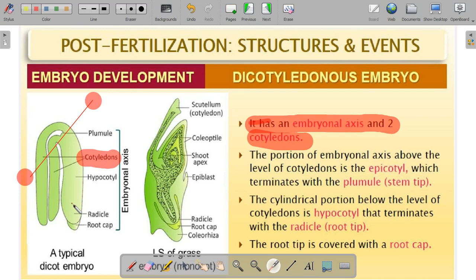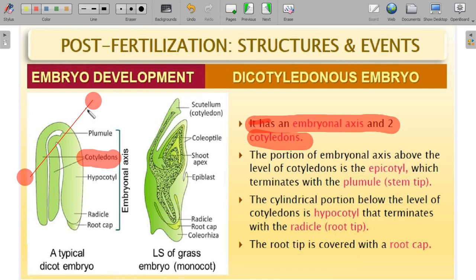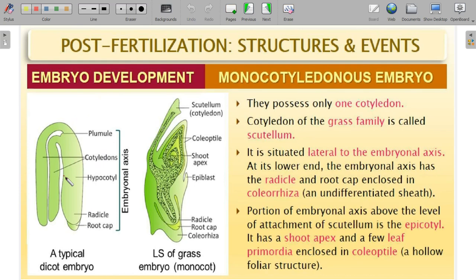So, in a dicot embryo, the very important thing is we have an imaginary axis called the embryonal axis. The portion above it, that is above the level of cotyledons, is called the epicotyl, terminates at the plumule, and develops into the shoot system, that is the stem tip. The portion below the embryonal axis is called the hypocotyl, which terminates at the radicle, which develops into the root system covered by a root cap.